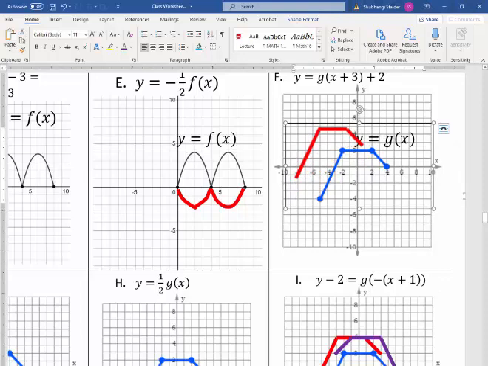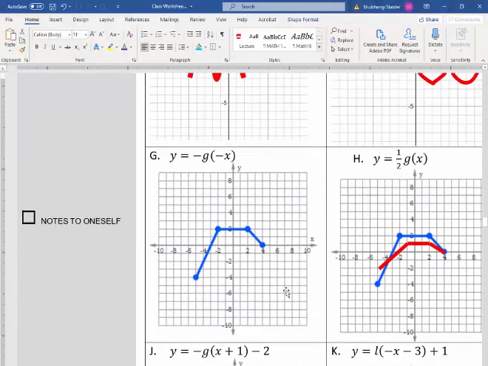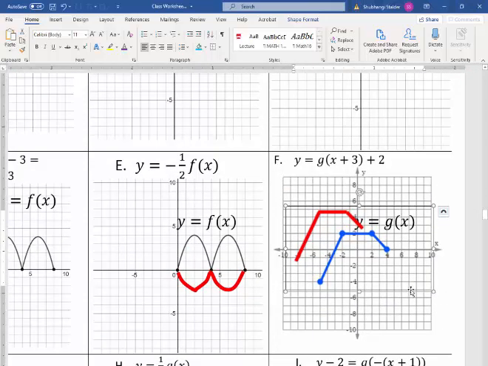Yep, perfect. Any questions on that? All right. All right, what happens here? So it's the same shape, so I can take that and keep moving it.